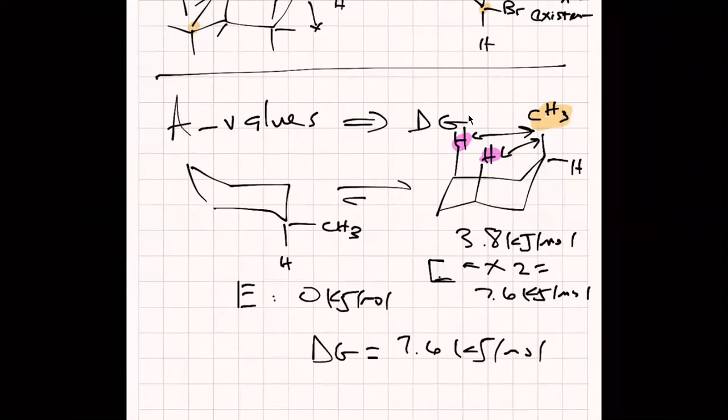It should come up to like 1 point something. This is 1.81. So 7.6 kilojoules, 1.81 kilocalories.